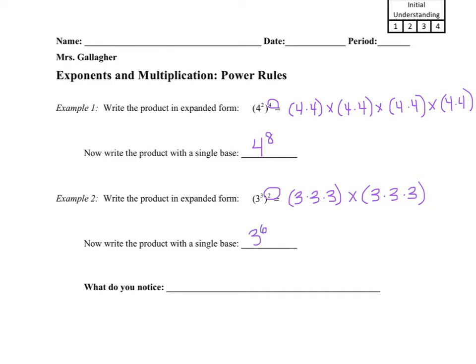So now what did we notice in the two examples? When we had 4 squared to the 4th power, that gave us 4 to the 8th power. We multiplied 2 times 4, and that gave us 8. When we had 3 to the 3rd power squared, 3 times 2 gave us 6. So what we noticed is we're going to multiply our exponents.